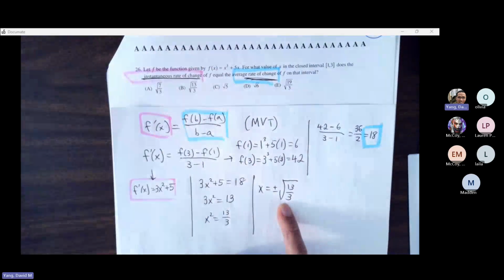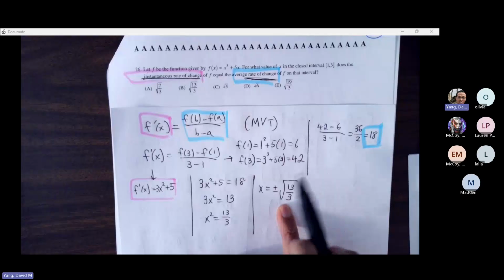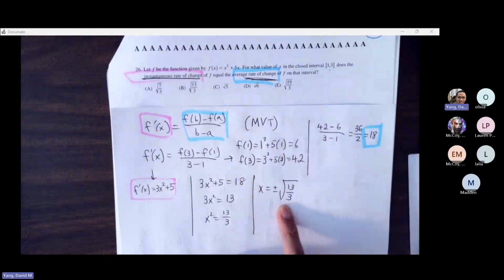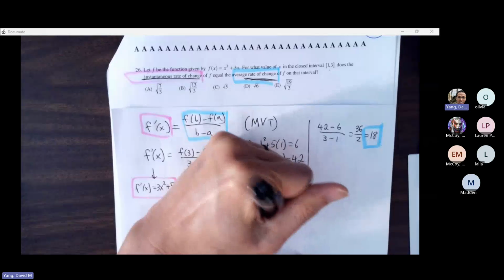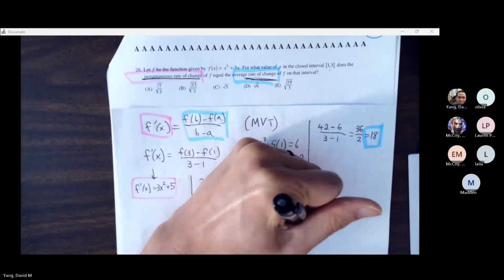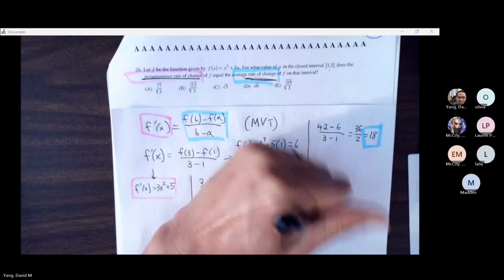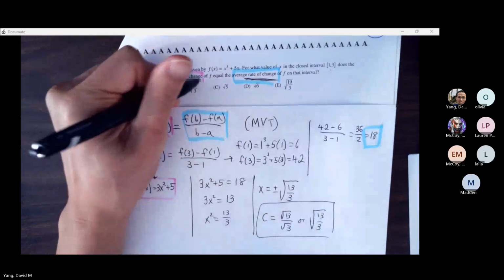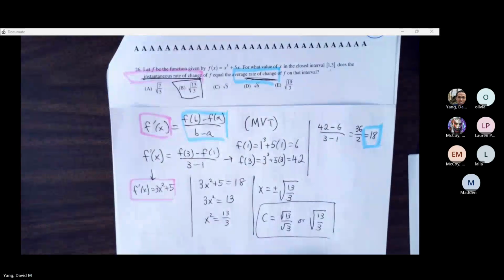Now, in our plus or minus square roots, we are only looking for the c value that lives between the intervals. So the negative will be out. So our c value is going to be root 13 over root 3. Answer choice B.